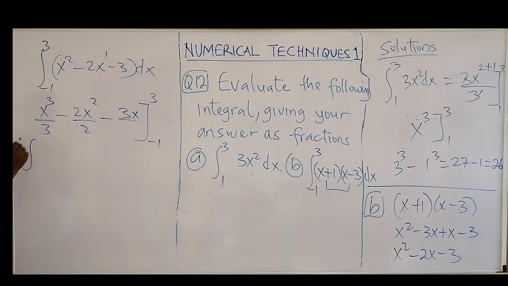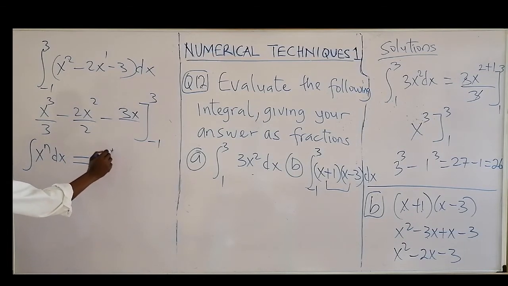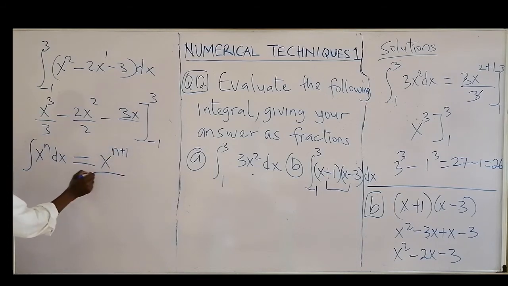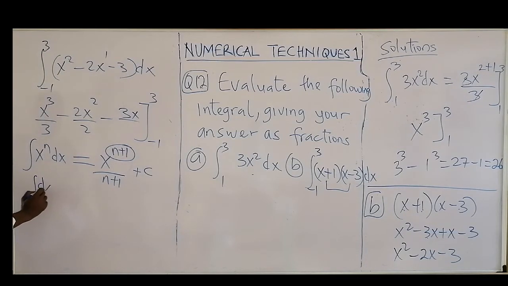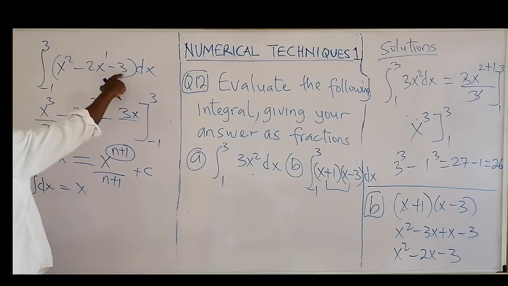For recap, for integration, this is the standard formula. If you want to integrate that, it's going to be the expression itself, then the power plus 1 all over the new power, plus c. Okay, and the integral of dx is x. So for this case now, the 3 is just a constant.